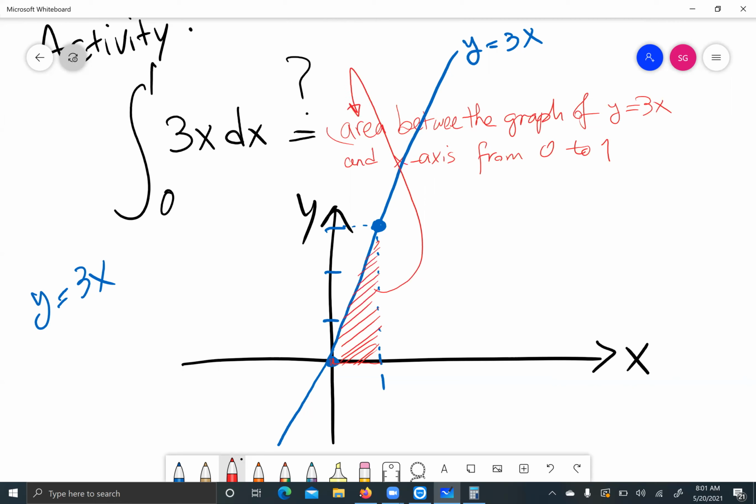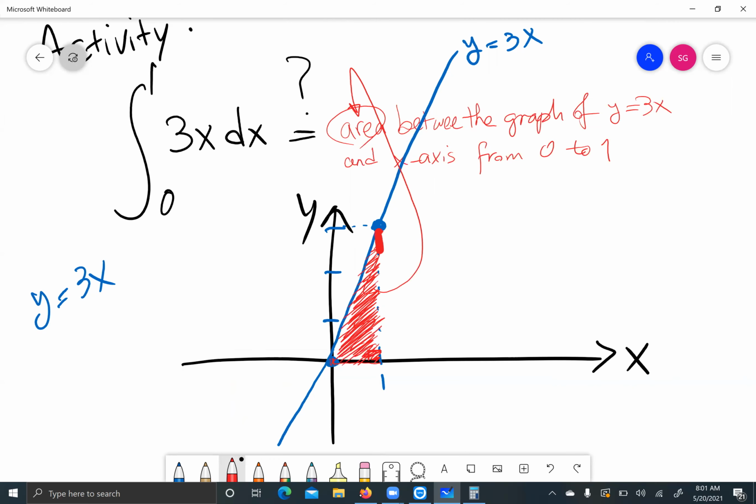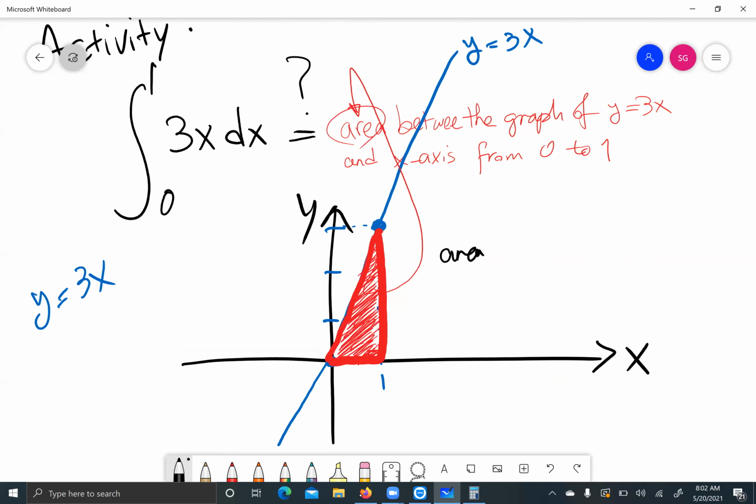Pay attention that this is a triangle, and actually a right triangle, and we know how to calculate the area of a triangle.